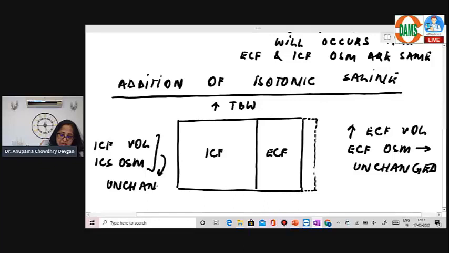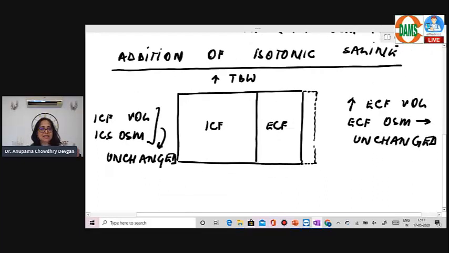So there is going to be no change in either the ICF volume or the ICF osmolality. Whenever you add an isotonic fluid, isotonic saline, any isotonic fluid for that matter, you are increasing the total body water, but you're increasing only the ECF volume. There is no change in ECF osmolality, therefore there is no shift of water. Remember the second principle I told you? ECF osmolality determines the shift of water. Right? Here there is no shift of water. So this is if you add isotonic saline.